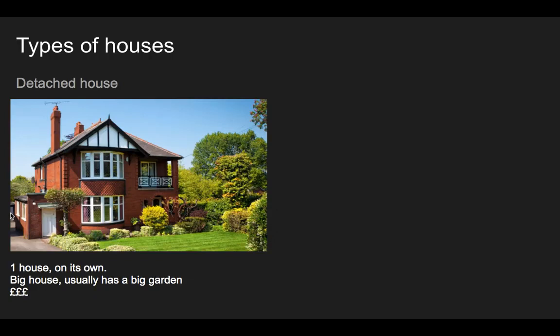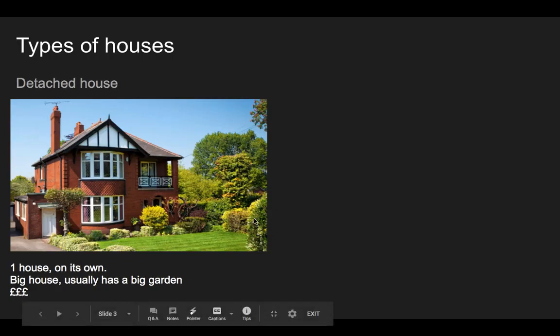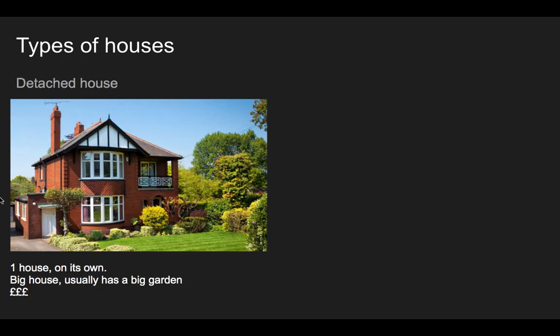And usually it has a big garden as well, like this. And detached houses are more expensive. Usually for families, people with more money, they'd live in a detached house. And usually you find a detached house outside of a city, like in the suburbs.